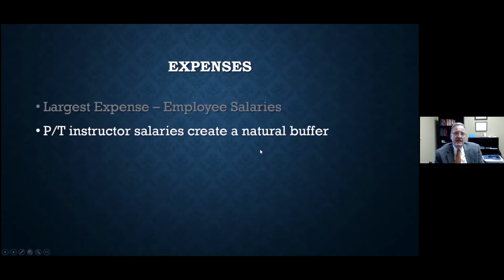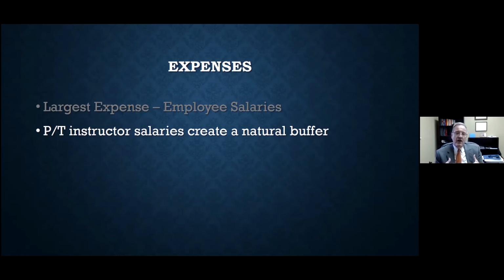Another interesting thing about community colleges is that our part-time instructor salaries, which are sometimes for adjunct faculty, sometimes overloads for full-time faculty, can create a natural buffer in the budgeting process. For instance, when we face something like we're in right now with the pandemic, our enrollment here at my school dropped about 12% from the same time last year.